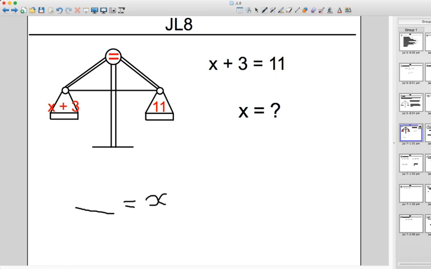So if I want to get the x on its own, I've got to get rid of this 3 that's on the left. So I'm going to do that by subtracting 3. And I've got to subtract 3 here. And that will give me, if I do the sum on the right, 11 take away 3 is 8.